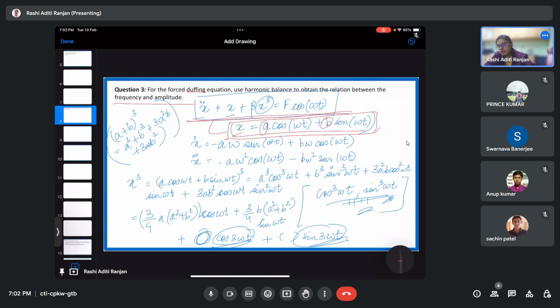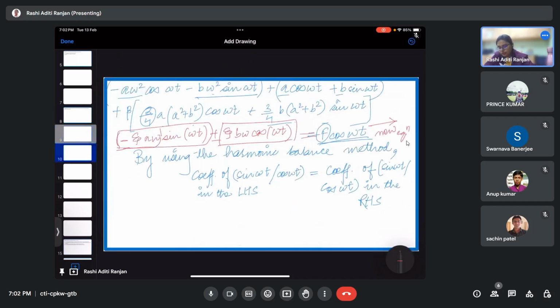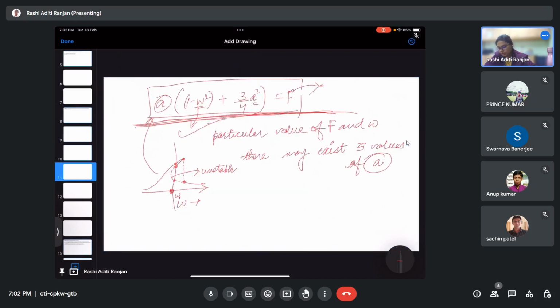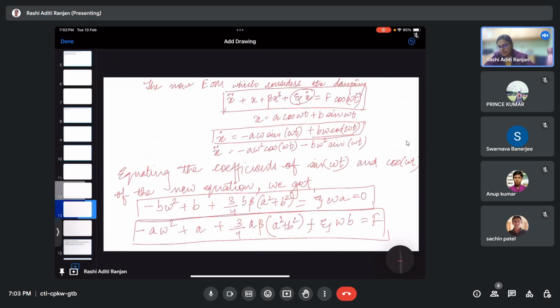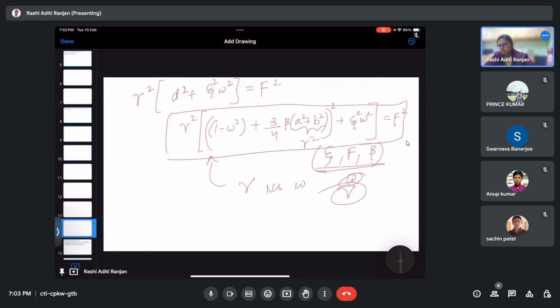We use this in the main equation, and then we equate the coefficients of sine omega t as well as cos omega t in order to get the relation between A and F in case of an undamped system, and the relation between gamma and omega in case of a damped system. I hope that this is clear.